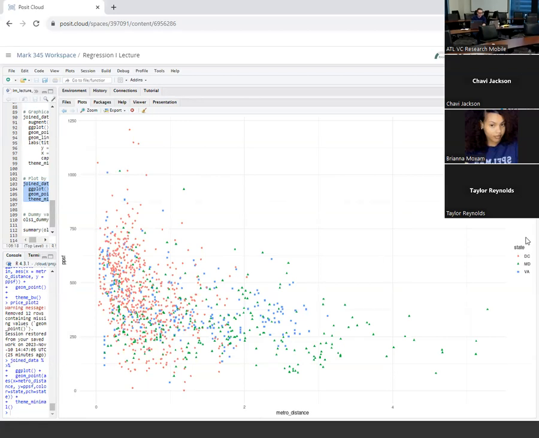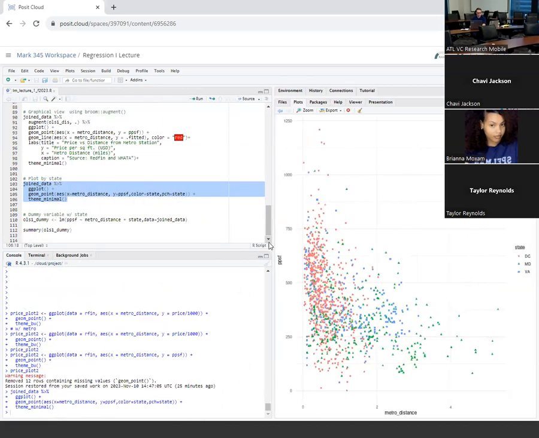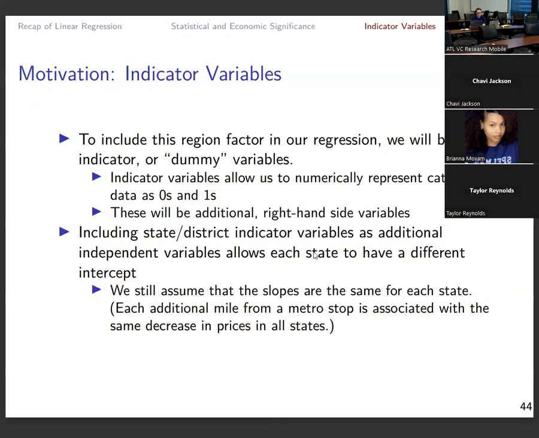We're going to do that by using that state variable to create dummy variables. We're going to do a little bit of a review so that we completely understand what that means, so that you can interpret what the coefficients from my linear regression on those state factor variables mean, and whether or not they're statistically significant, okay?